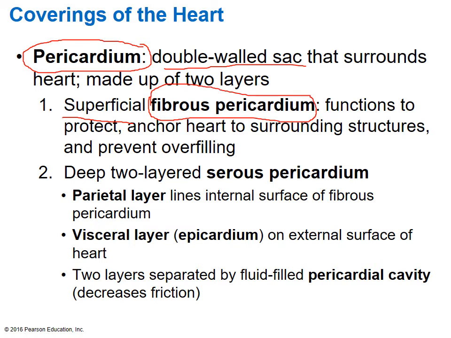The fibrous pericardium is protecting the heart because it's covering it, but it will also have an anchoring ability because it will allow it to interact with the surrounding structures like the lungs, the sternum, and the ribs, so that the heart can lie in place in its current location.